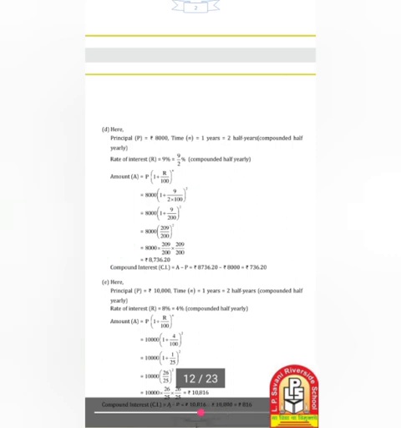So it has a value of rupees 8,736.20. Here compound interest is A minus P, that is 8,736.20 minus 8,000, that is 736.20.